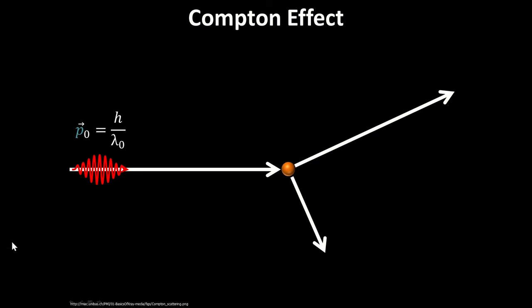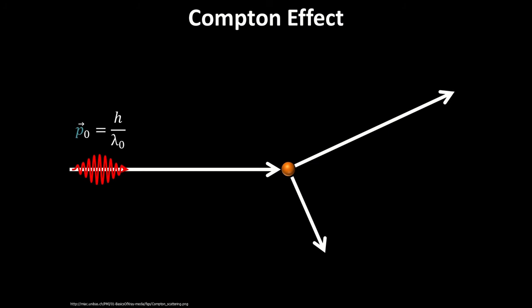It's interesting that photons have no mass, but they do have momentum. All of the mass that photons have is in the form of energy through the equation E equals mc squared.